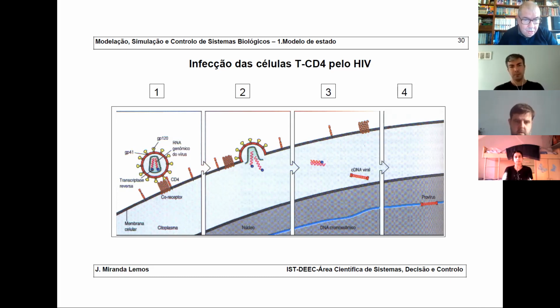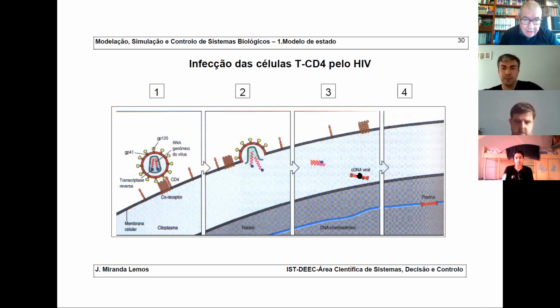And then with reverse transcriptase, the RNA is transformed into viral DNA. So this is why this virus is called a retrovirus, because it can generate DNA from RNA for small parts, and this was thought not to be possible for a virus.